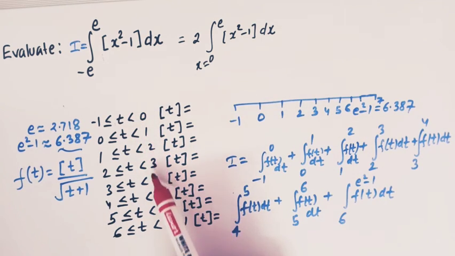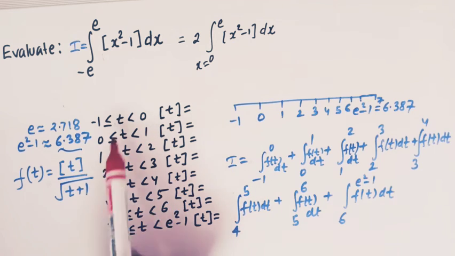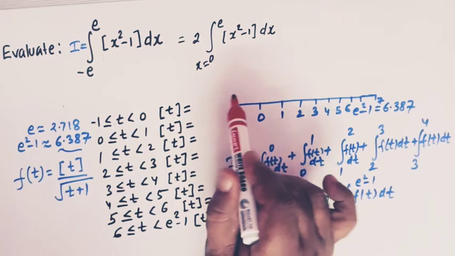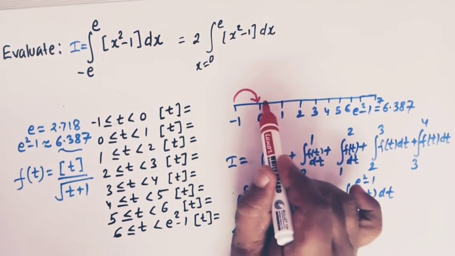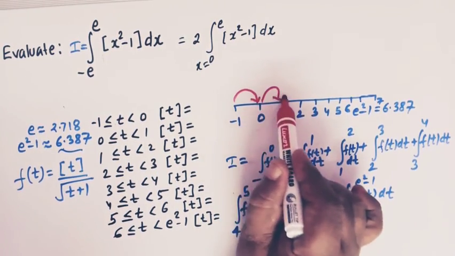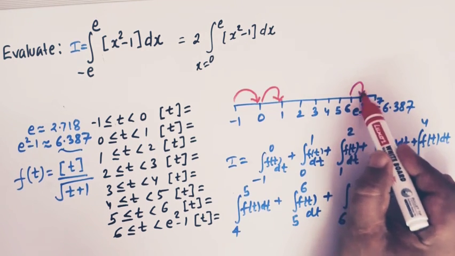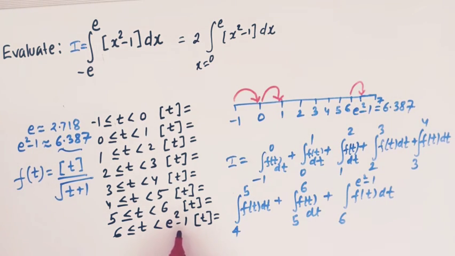That is, when t lies between minus 1 and 0, similarly when t lies between 0 and 1, and so on, and finally when t lies between 6 and e square minus 1.